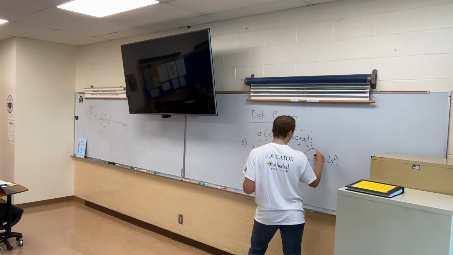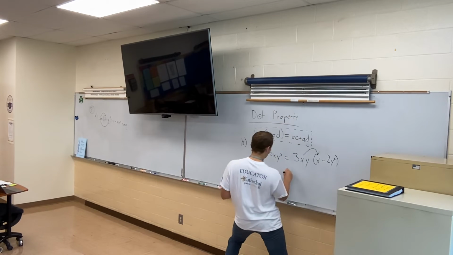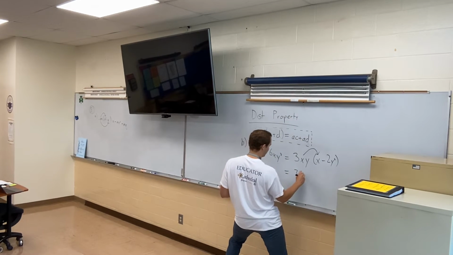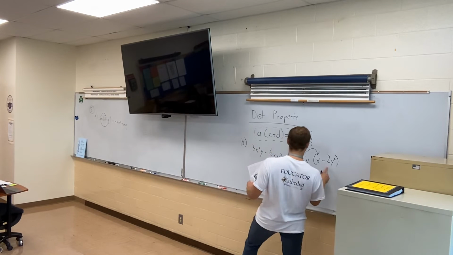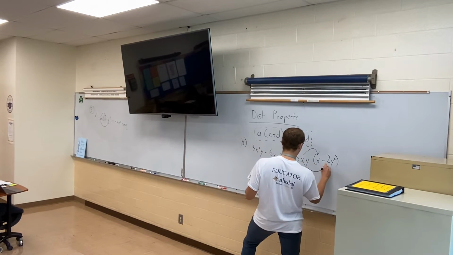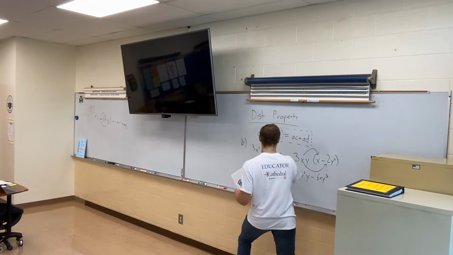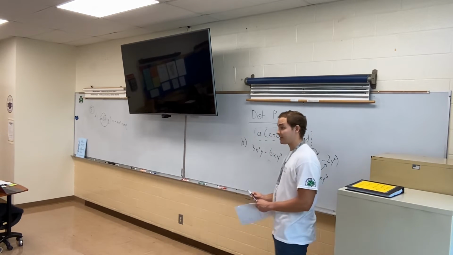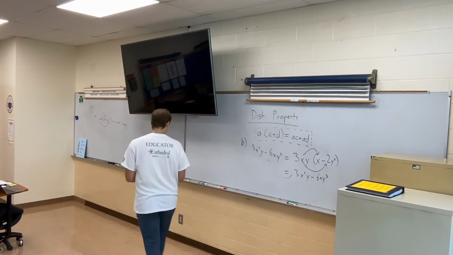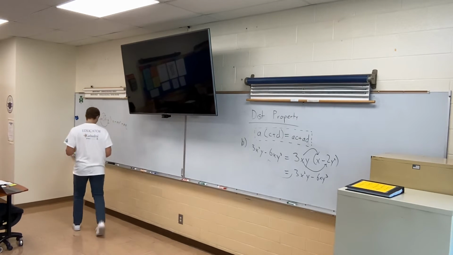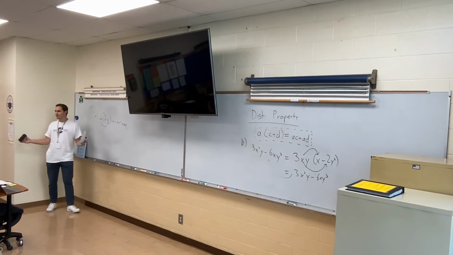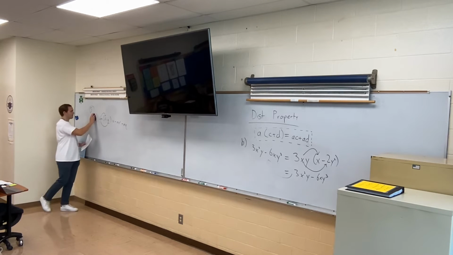You can always go backwards. If I go backwards, I get 3x squared y minus 6xy cubed, which is my original problem. So I can be 100% sure that I got that problem correct. Does that make sense? Anyone confused? Anyone lost?